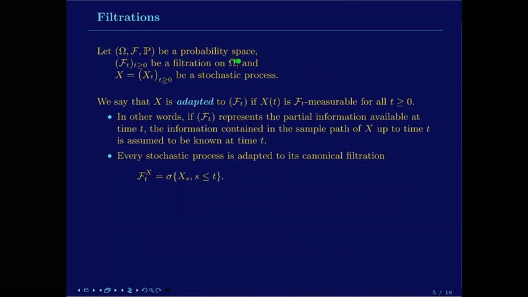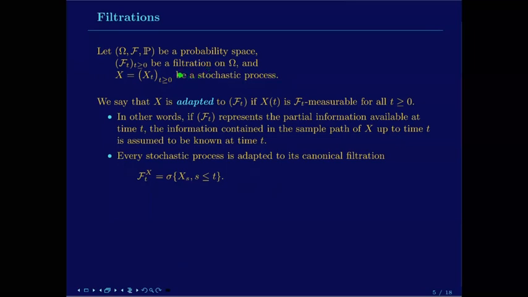Suppose again that we have a probability space, a filtration and a stochastic process. Now, if the filtration is not generated by the process, we are usually interested whether or not the history of the stochastic process is contained in the filtration.